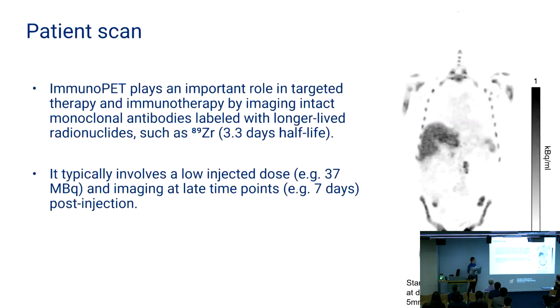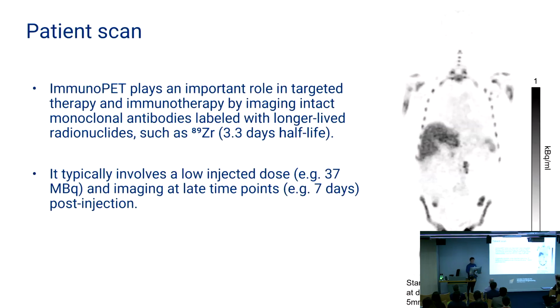Here we have a very good example: immunoPET. ImmunoPET plays a very important role in targeted therapy and immunotherapy, and recently it has become more and more popular in the field. It images intact monoclonal antibodies, which are always labeled with radionuclides with a longer half-life, such as zirconium-89, which has a 3.3 day half-life.